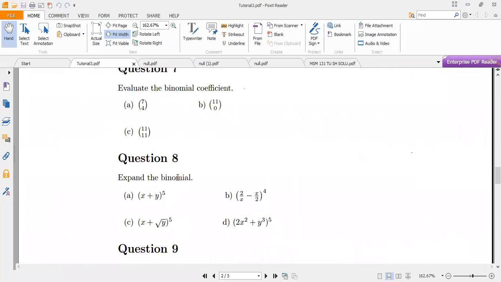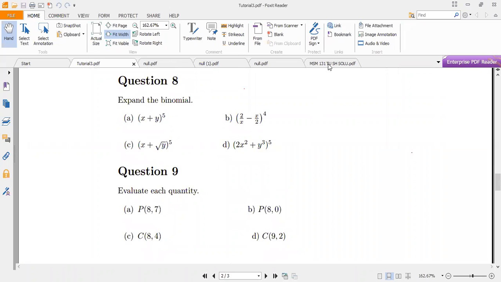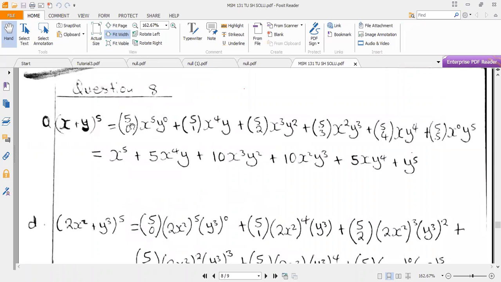Question 8 is telling us to expand the binomial. So expanding the binomial, what we do is we have n choose 0. The formula should be n choose 0, x to the power n, y to the power 0, plus n choose 1, x to the power n minus 1.